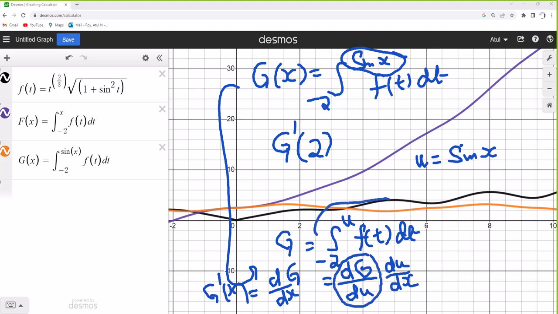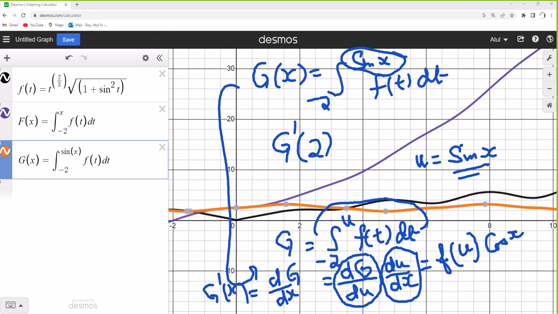Right here, the fundamental theorem of calculus will apply, and that will be f of how much? f of u. And du/dx will be, u is sine x, so du/dx will be cosine of x. Okay?